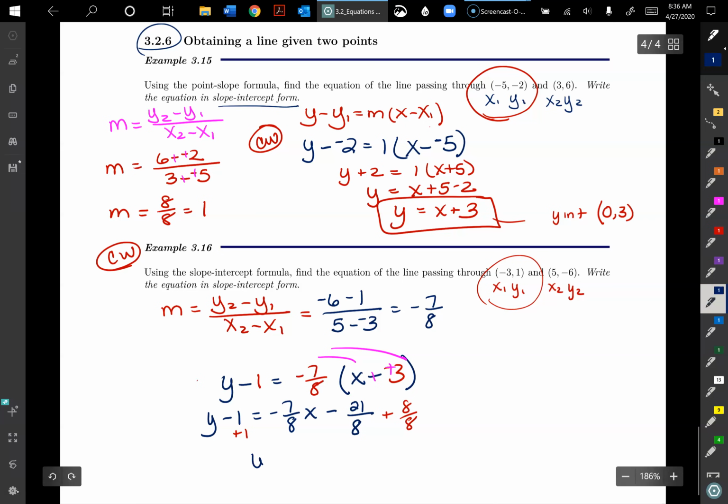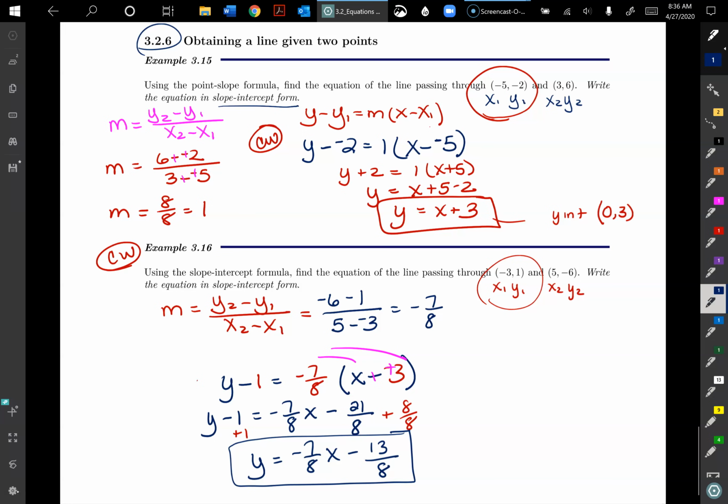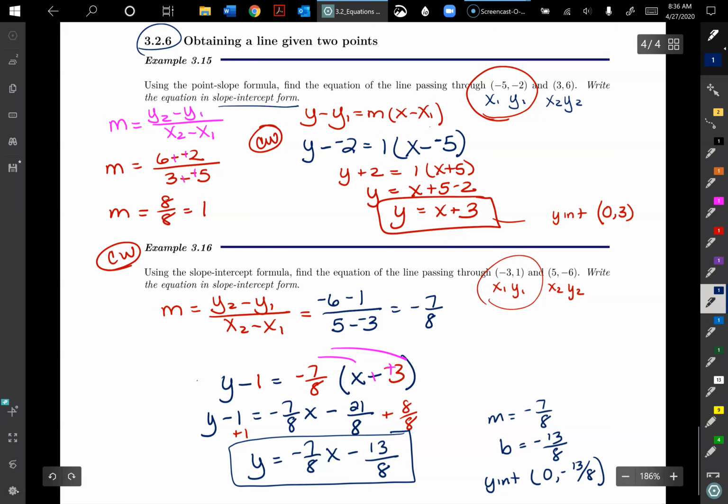So then I get y equals negative 7/8 x, and minus 21 plus 8/8 is minus 13/8. And that is my equation in y equals mx plus b form, or slope-intercept form. My slope is the negative 7/8, and my b is negative 13 over 8, and we like to write the y-intercept as a point, (0, negative 13/8).